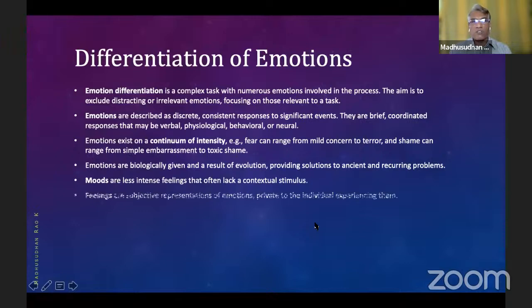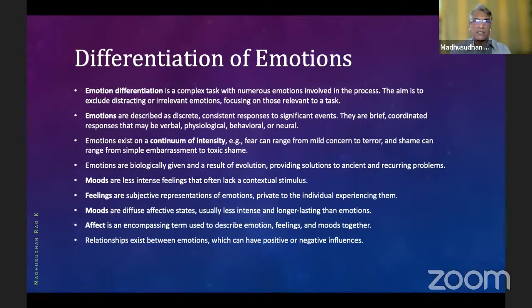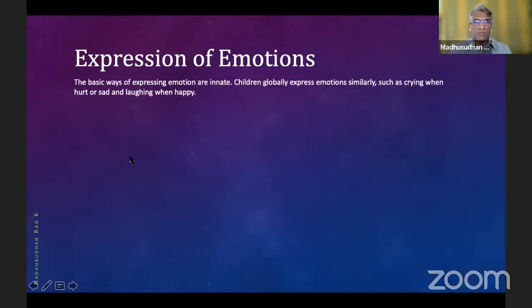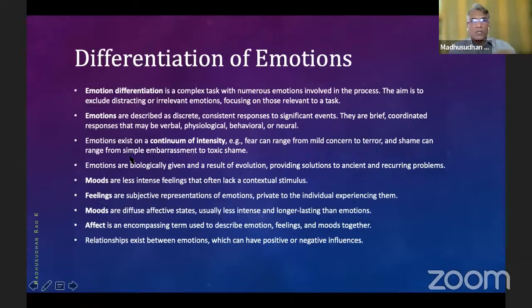So, differentiation of emotions. Emotions are different. I have given them differently. Differentiation of emotions is a complex task, and numerous emotions are involved in the process. The aim is to exclude distracting or irrelevant emotions, focusing on those relevant. Many people conducted different tests.